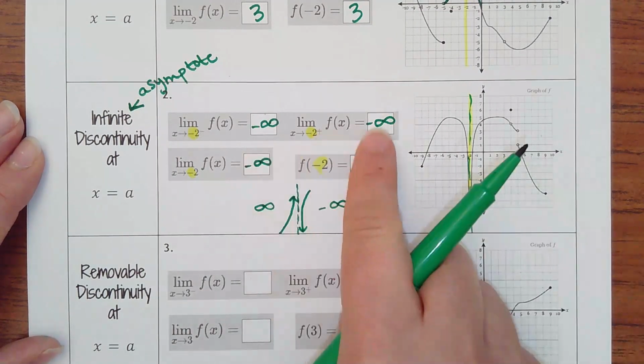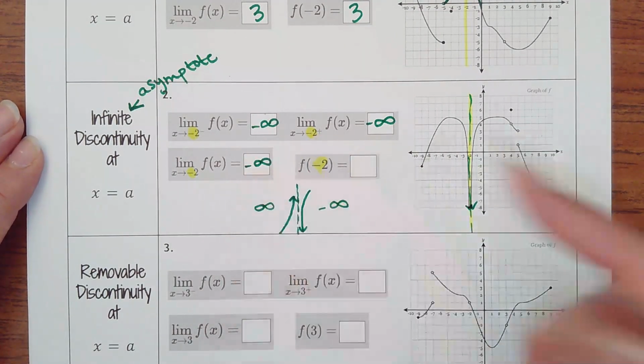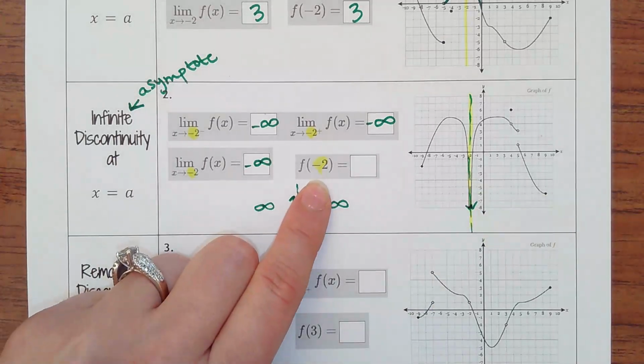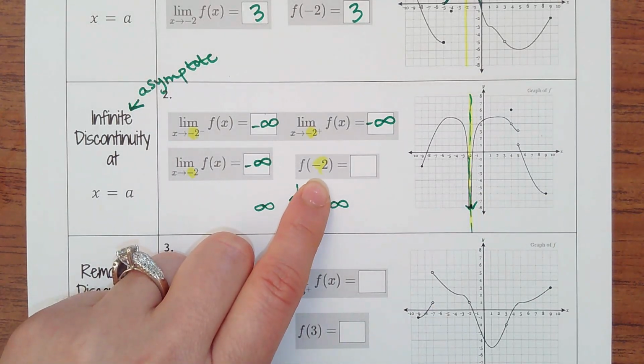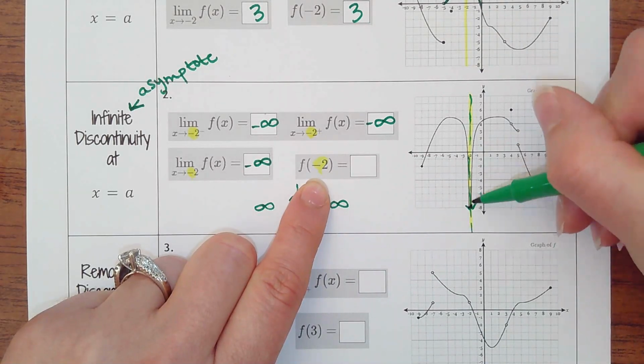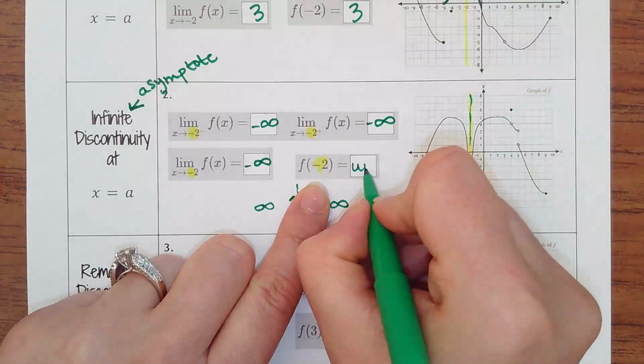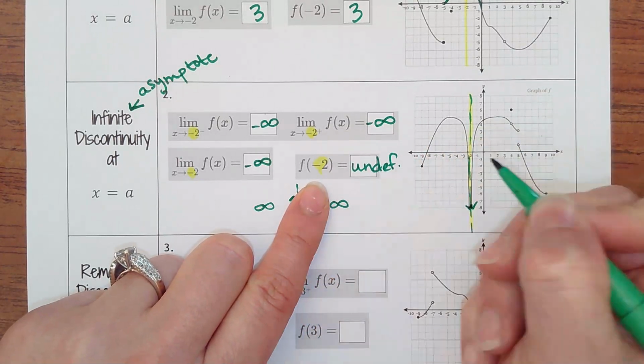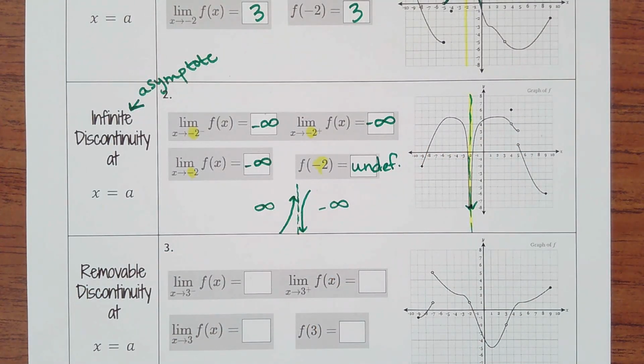But when these match, you can say the general limit exists. Now f of -2. When x is -2, what point do I have? Nothing, so it's undefined. Whenever a value does not exist, it's undefined.